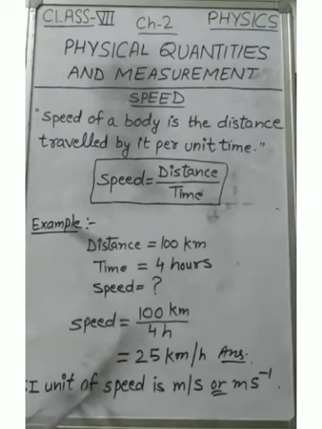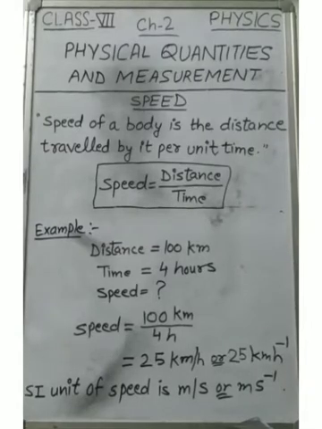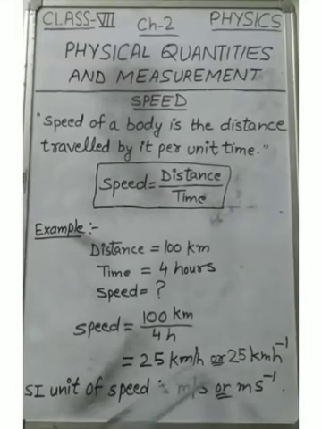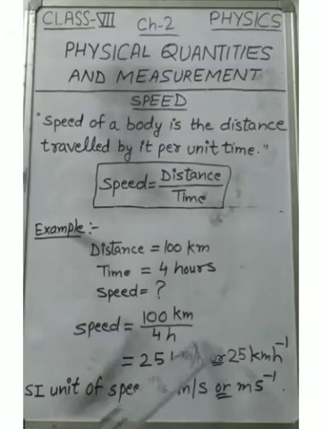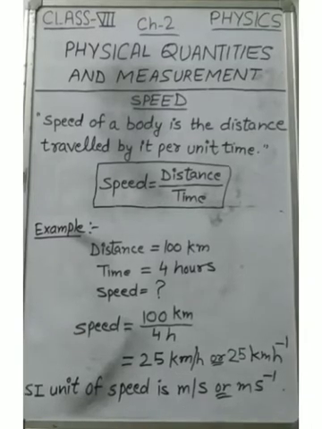Now the SI unit of speed is meter per second, which can be written as this or like this. To express high speed values, we use the unit of kilometer per hour, which can be written as this or like this, km h raised to the power minus 1.